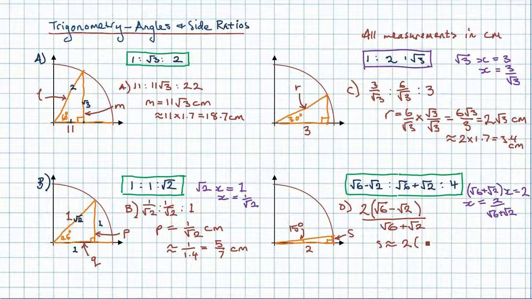Well, root 6 is about 2.7. Okay, so to two significant figures it's 2.7, and root 2 is equal to 1.4, as we said before.